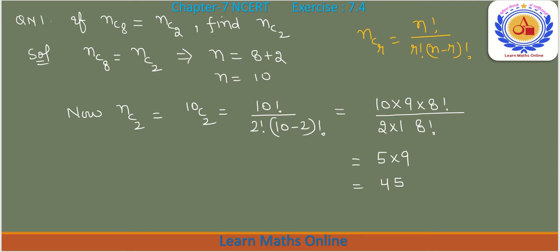You all might be aware that 10 factorial can be written as 10 into 9 into 8 factorial, over 2 factorial, which is 2 into 1, and 10 minus 2 factorial is 8 factorial. The 8 factorials cancel out, and after simplification 5 into 9 is equal to 45. So the final answer is 45.